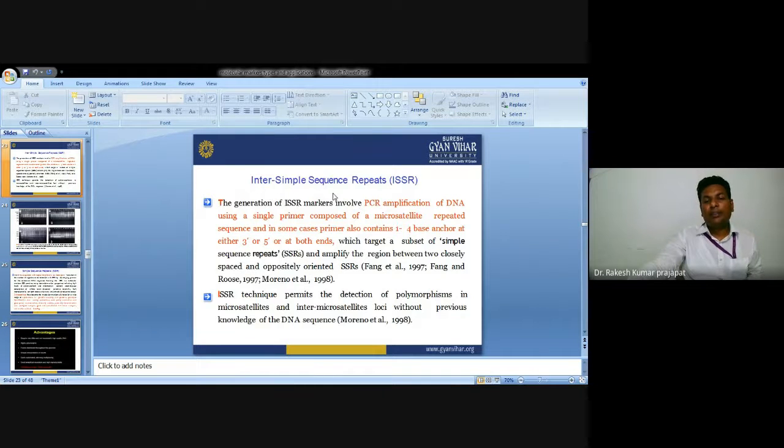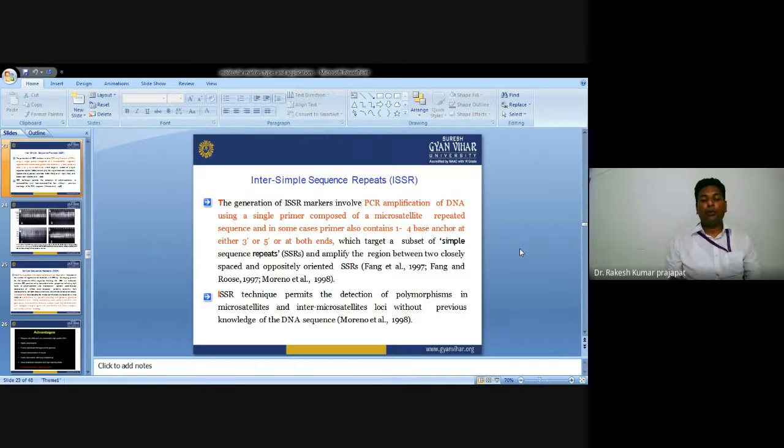Now inter simple sequence repeat, ISSR. The generation of ISSR markers involves PCR amplification of DNA using a single primer composed of a microsatellite repeat sequence, and in some cases the primer also contains a 1 to 4 base anchor at either the 3' or 5' end, which targets a subset of the simple sequence repeats and amplifies the region between two closely spaced, oppositely oriented SSRs. So the primer has the repeated unit.